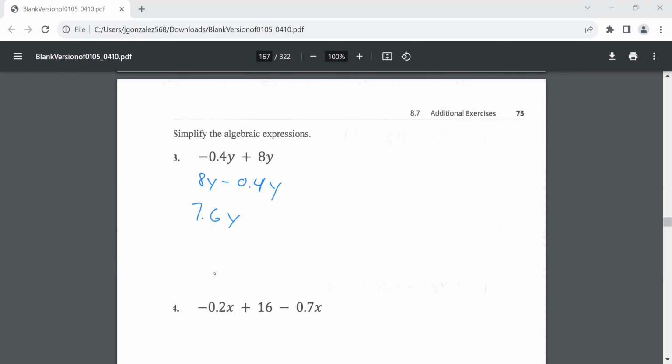The next one, I'll do it for a moment. Notice that right here, this one and this guy are the ones that are like terms. The constant, it's not the same. So only combine those two, so it is 1.2 minus 0.7.